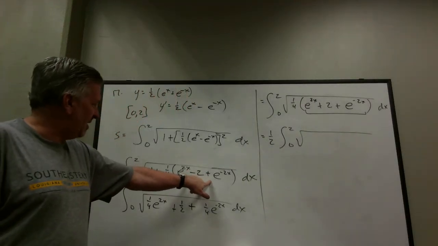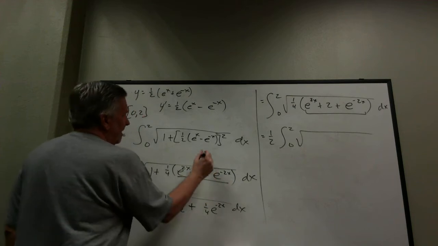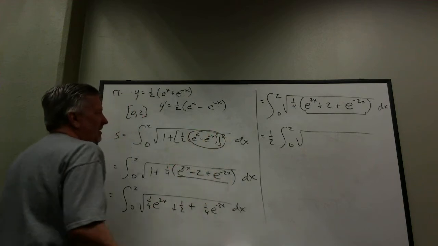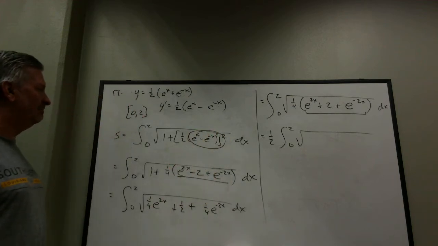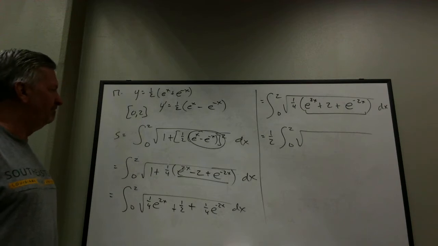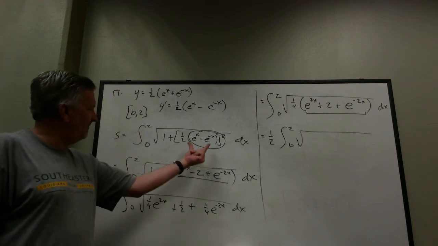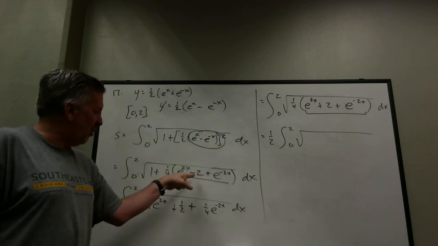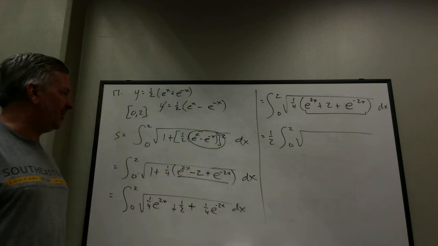And where did this come from? This thing came from the e to the x minus e to the minus x squared. And so it shouldn't surprise you that this has the same sort of form. Right? This came from something squared. That is almost this, so maybe that will come from the same sort of thing squared.